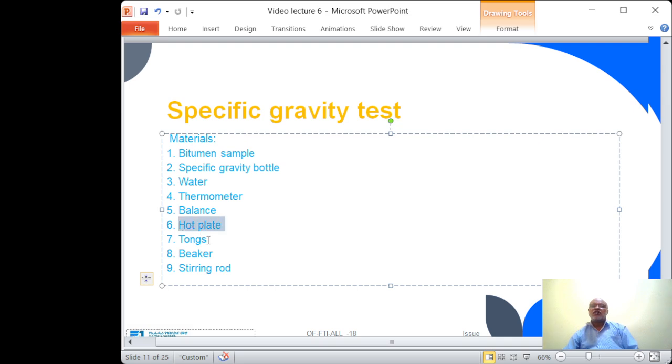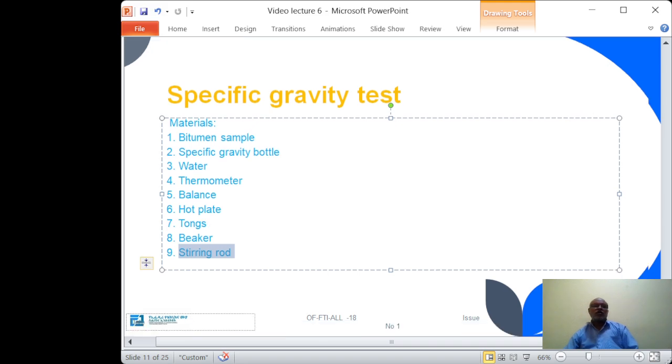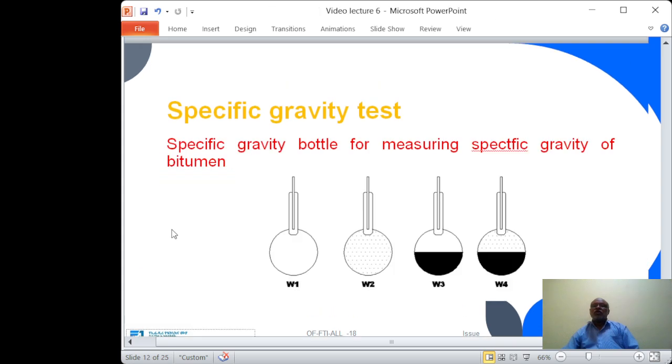Hot plate, 7. Tongs, 8. Beaker, 9. Stirring rod. Before getting into the procedure, let us see the apparatus used for determining the specific gravity, which is known as a specific gravity bottle.